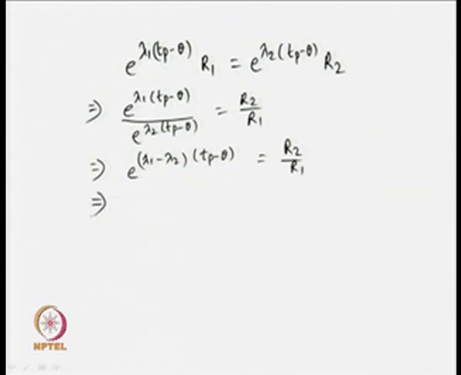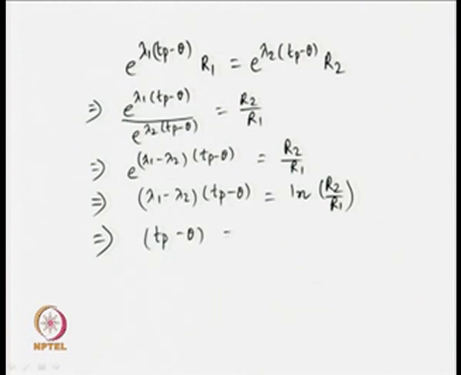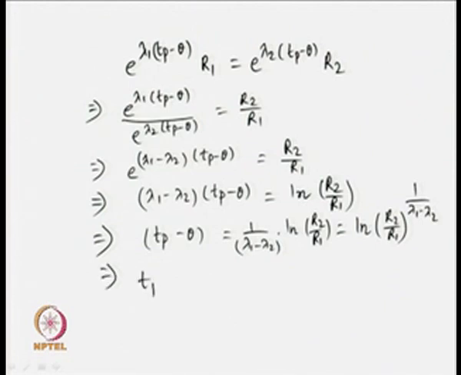If I take the natural logarithm of both sides, we are left with (lambda 1 minus lambda 2) times (Tp minus theta) is equal to ln(R2 upon R1), which further gives us Tp minus theta is equal to 1 upon (lambda 1 minus lambda 2) times ln(R2 upon R1), or Tp is equal to theta plus 1 upon (lambda 1 minus lambda 2) times ln(R2 upon R1).